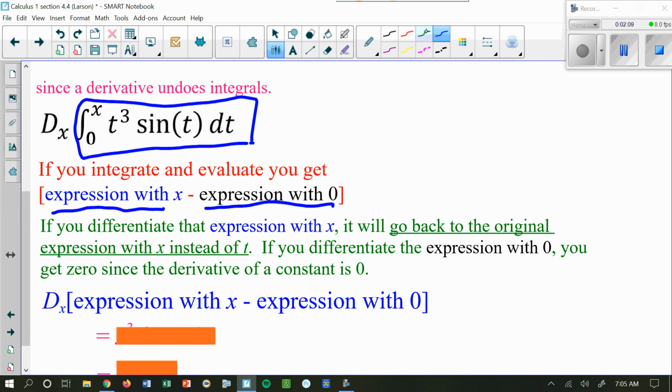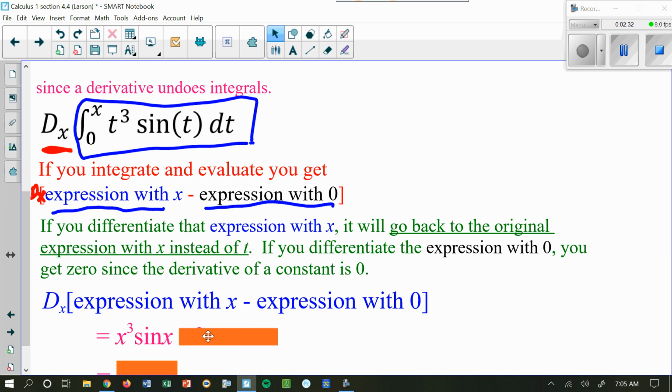But now you'd be coming along to do your derivative of this. So if you're doing the derivative, your d/dx of this, well, you do your derivative of that expression with x, so that would undo your integral that you had.